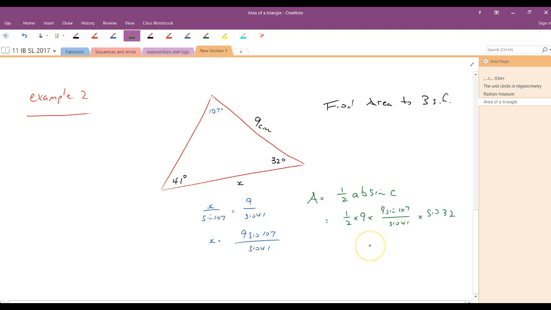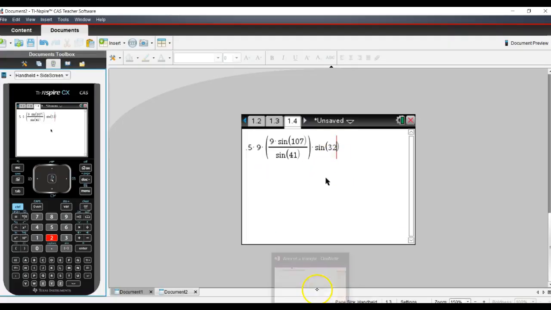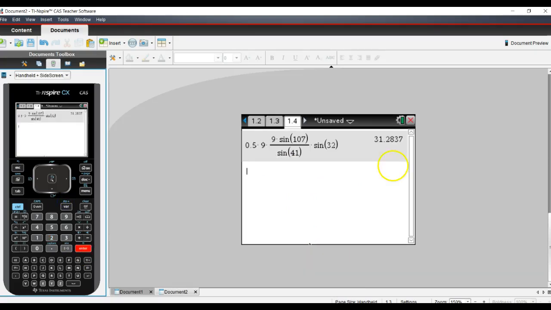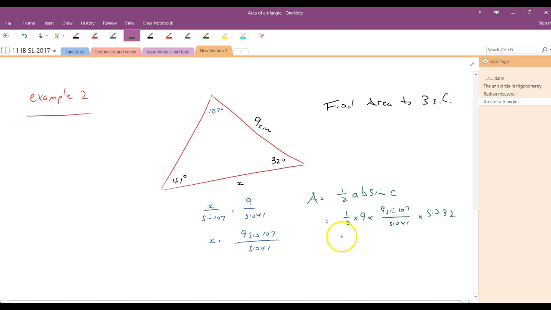Okay, so that all needs to go into the calculator. I've just popped that into the calculator, hit enter there, 31.3. So my area is 31.3 centimeters squared to 3 significant figures.